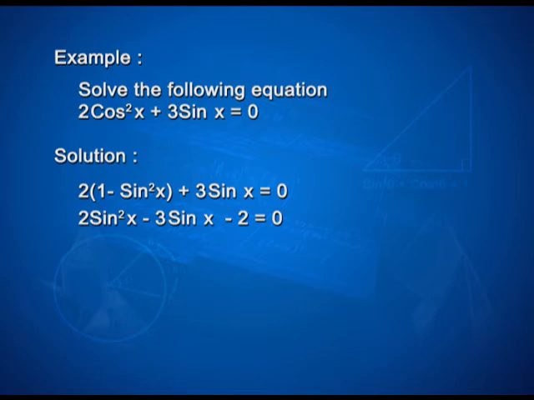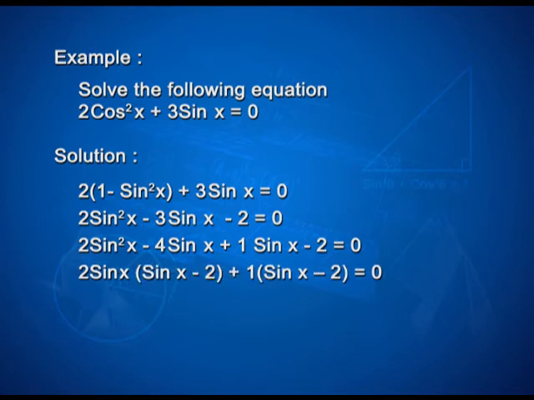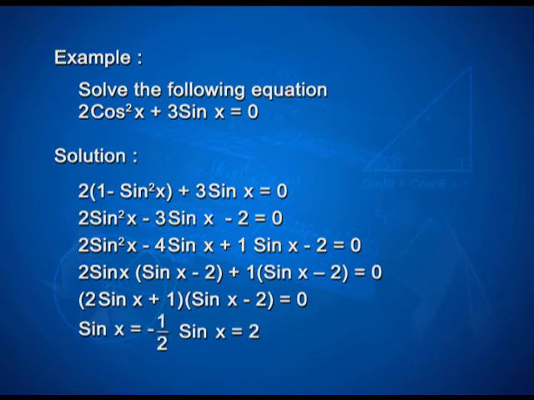We can solve this by splitting the middle term as 2 sin square x minus 4 sin x plus 1 sin x minus 2 is equal to 0. On taking 2 sin x common from the first two terms, 2 sin x into sin x minus 2 plus 1 into sin x minus 2 is equal to 0. Thus, the two factors are 2 sin x plus 1 and sin x minus 2, which on simplification gives us sin x is equal to minus 1 upon 2 and sin x is equal to 2.